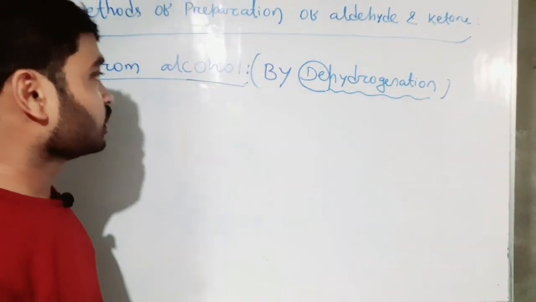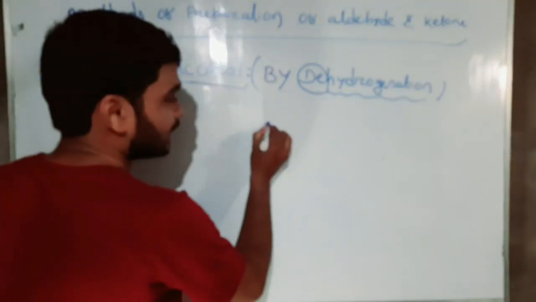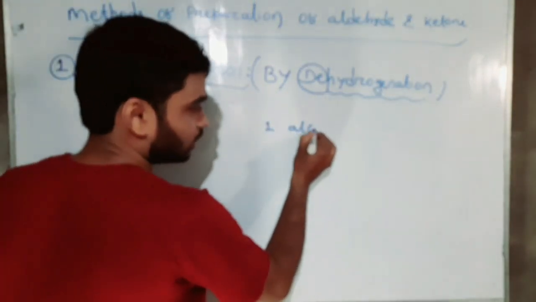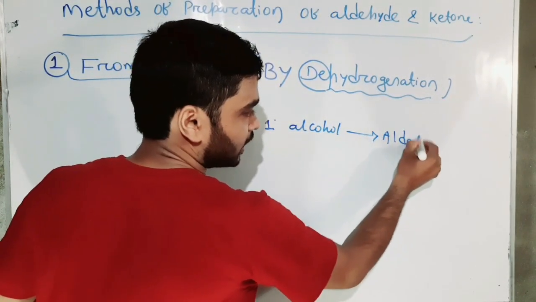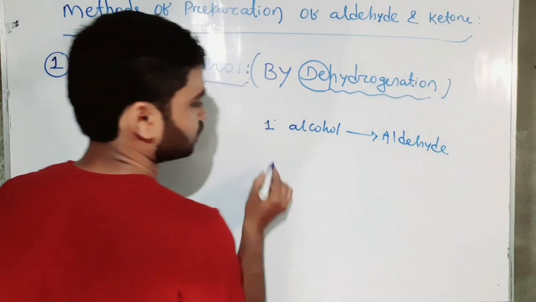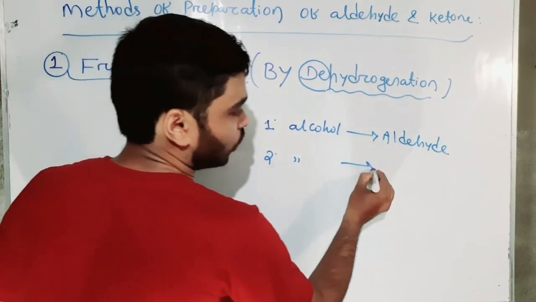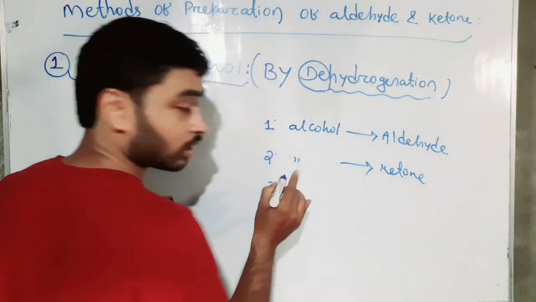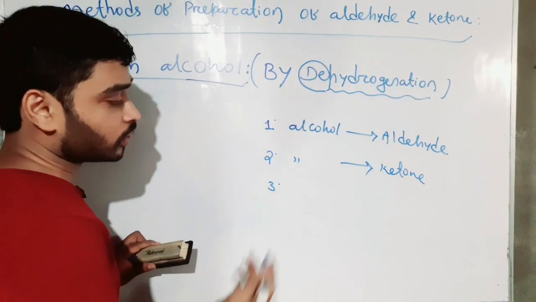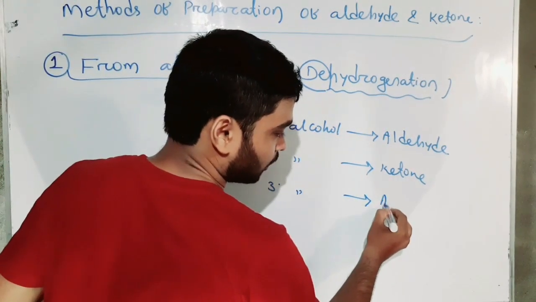In this process, we mainly prepare aldehyde from primary alcohol, ketone from secondary alcohol, and the tertiary alcohol is involved here, but we will not deal with that. The tertiary alcohol results in the formation of alkene.